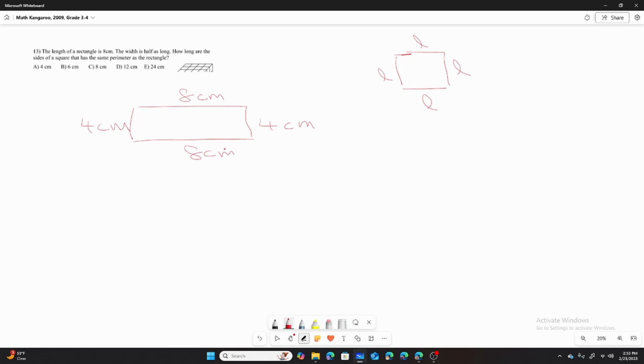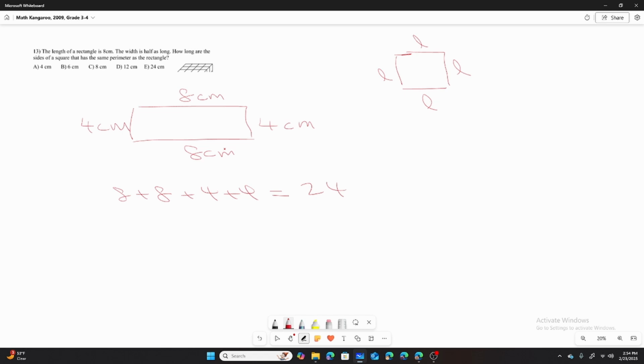So what's the perimeter of the rectangle? It is 8 plus 8 plus 4 plus 4, which is 24. So what is the perimeter for the square?